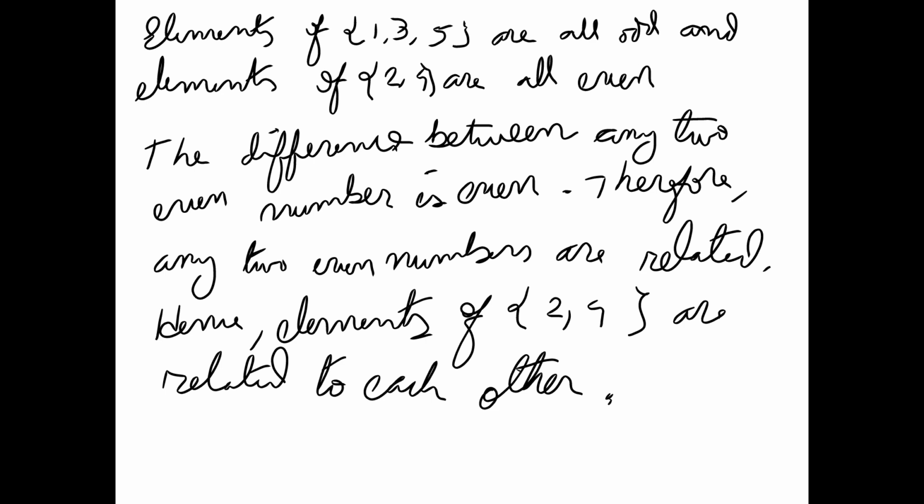One is an even number, the other an odd number, so the difference is odd. Using this, 4 is even, 3 is odd, 4 minus 3 is 1, so it is odd. The difference between an odd number and an even number is odd.